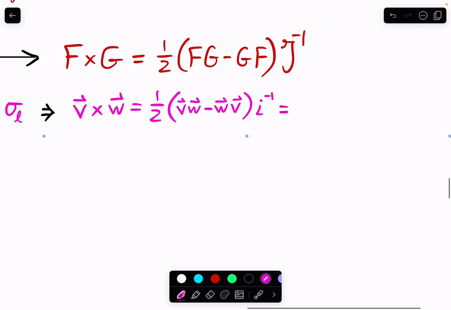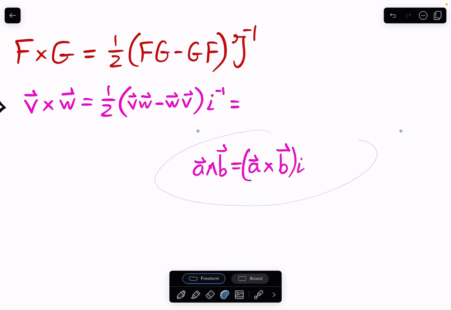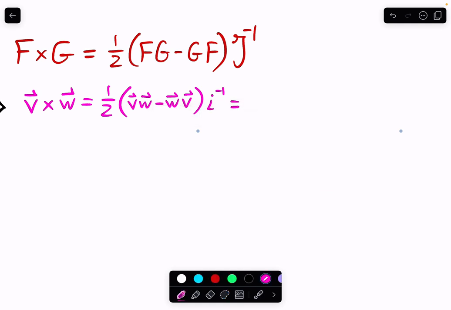And if we simplify this, there's the identity. If you recall, if you have a wedge b in the algebra of physical space, that's the same as a cross b times I. All of this times I. So there's this identity that we will use.